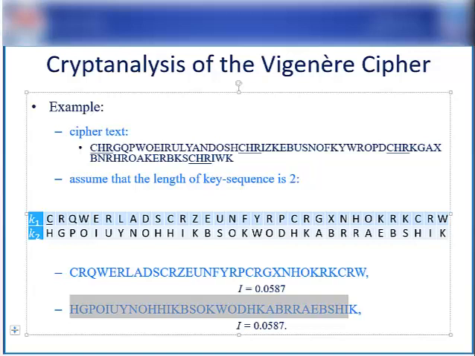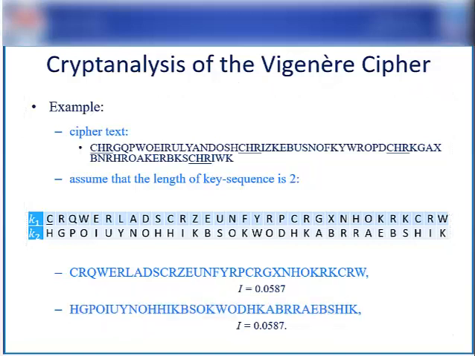So this number is also not that close to the index of coincidence of the English alphabet. So we continue, assuming that the length of the keyword is 3, 4, and we know that in our example the length of the keyword is 5.